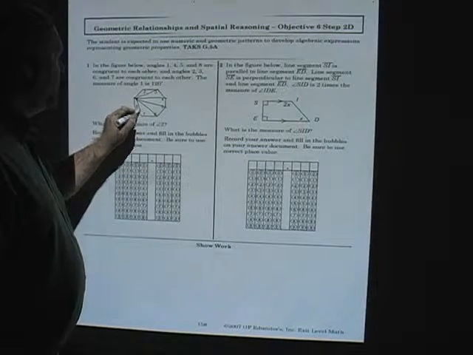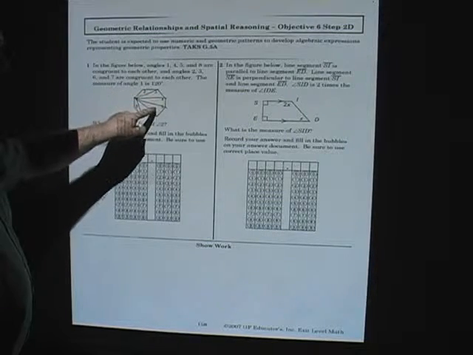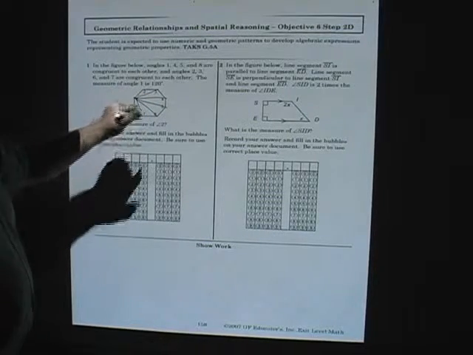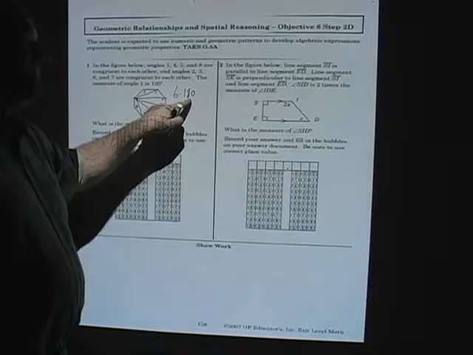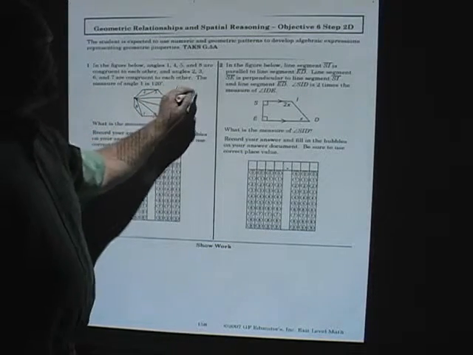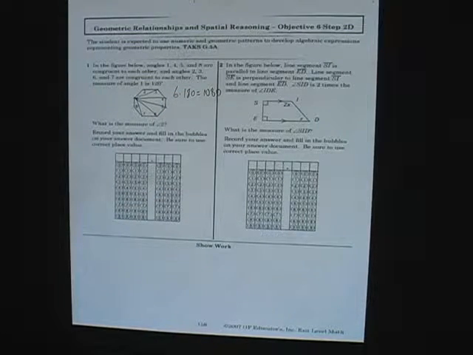So I've got 6 triangles. So you do 6 times 180, 180 for each triangle, remember? And that gives me 1080. So I have 1,080 degrees total in this figure.